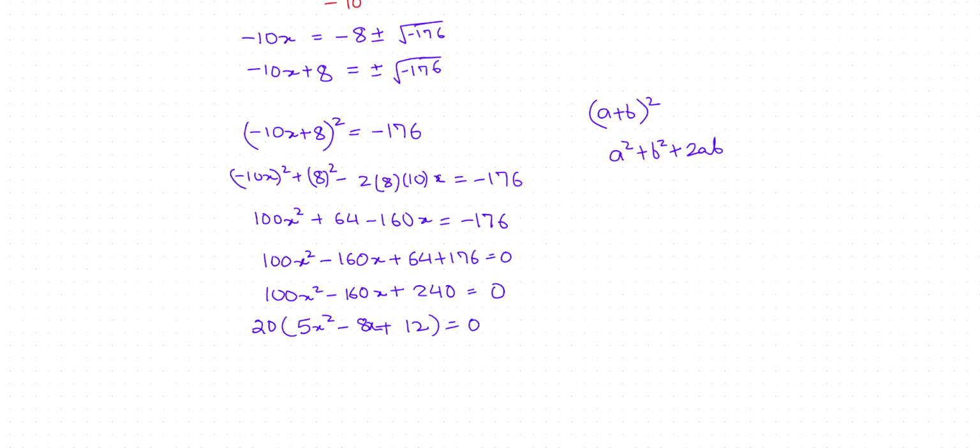If we factor 20 out, this gives 5x square minus 8x plus 12, and this is equal to 0. So this equation has the two imaginary solutions which were given here.